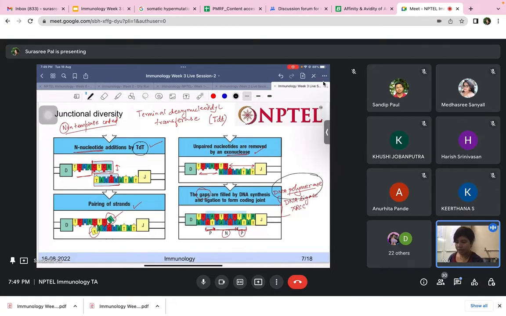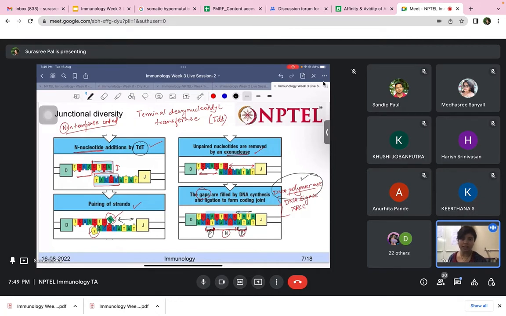Right? So here you can see the gaps in the P nucleotides are filled by which enzyme? DNA polymerase. This particular gap will be filled in by DNA polymerase, right? That is why the correct answer here is DNA polymerase.